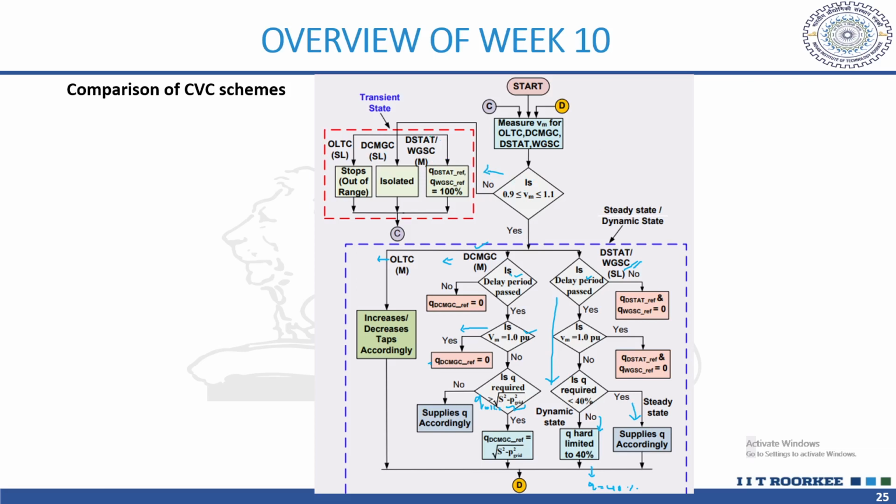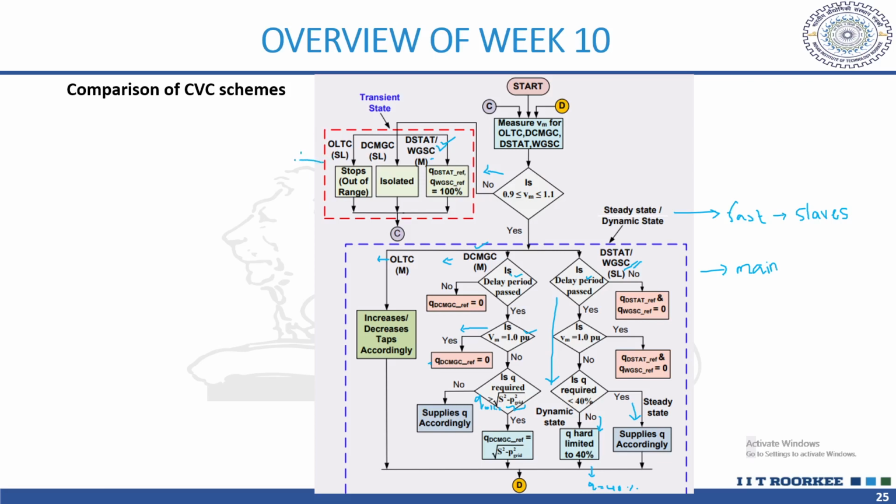So in the transient state, you can see the fast acting devices are deployed first. That is, they are acting as masters here. But if you see here in the steady state, the fast devices were slaves because voltage is maintained here. We don't want fast control here. Voltage is maintained already here.